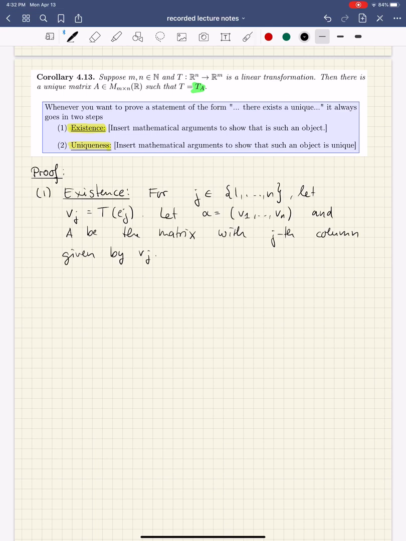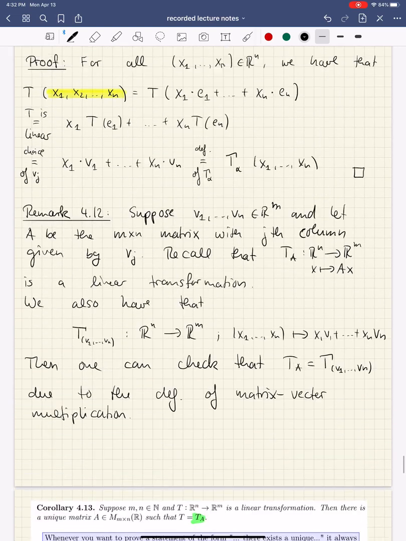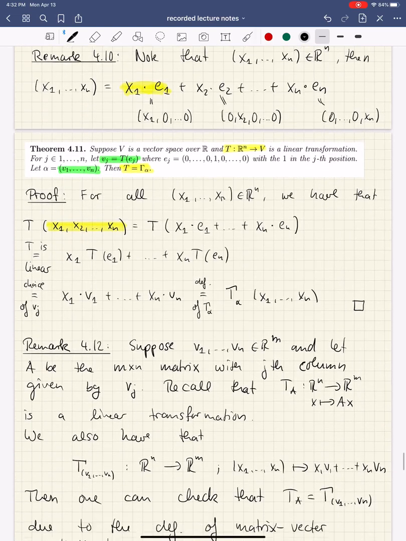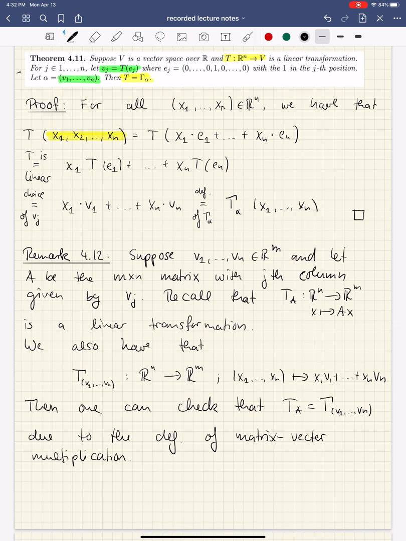And so now we just put the remark and the theorem 4.11 together. So first, theorem 4.11 ensures that T is actually equal to gamma alpha. Yeah, this is what we've just proven. Go back here, that in 4.11, if alpha is equal to V1 through Vn, then T is actually equal to gamma alpha.